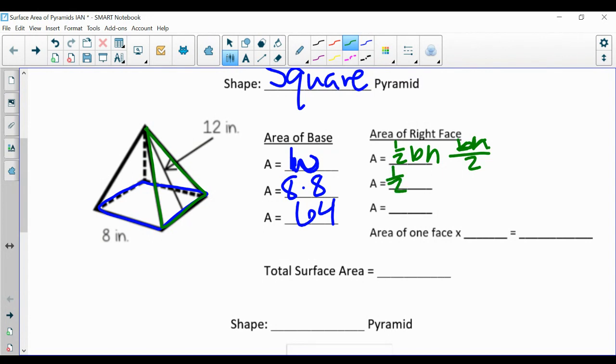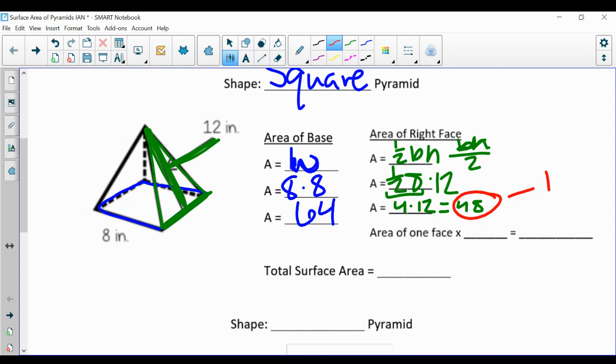My base is the same part of that square, so my base is 8, times the height of my triangle, which I have an arrow pointing to, is 12. So 1/2 of 8, we know, is 4, times 12 is going to give me a final answer of 48. Now, that's only the area of one of my triangle faces.